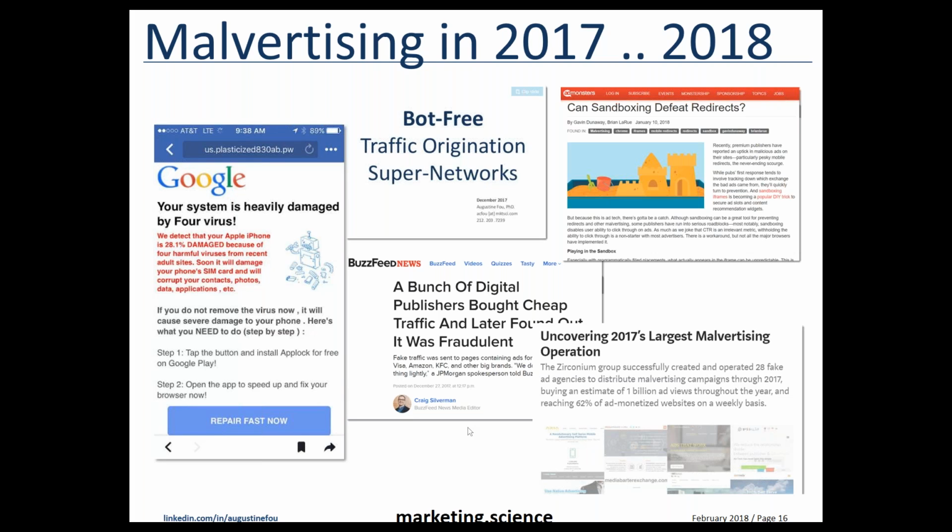When you go to a legitimate website, this happened to me over Christmas break. I was on tvguide.com, and all of a sudden, my browser on my mobile device redirected to a page that said my system is heavily damaged by some virus, and I have to click here right now to repair it. So what's happening there is a malicious ad got served into a publisher site, in this case tvguide.com.